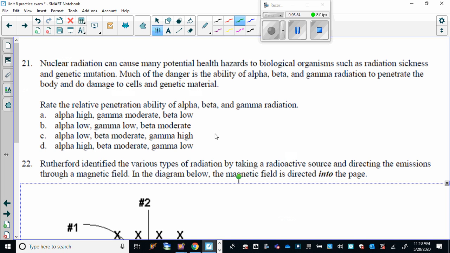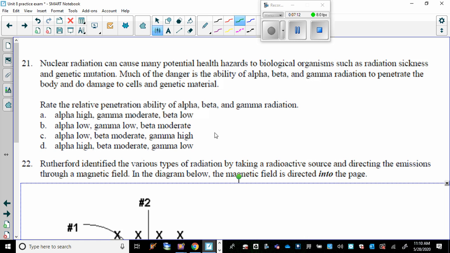Balanced. Number 21, another knowledge question. Nuclear radiation can cause many potential health hazards to biological organisms, such as radiation sickness and genetic mutation. Much of the danger is the ability of alpha, beta, and gamma radiation to penetrate the body and do the damage.